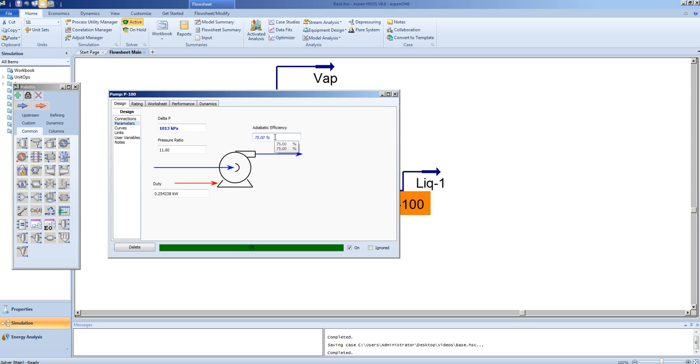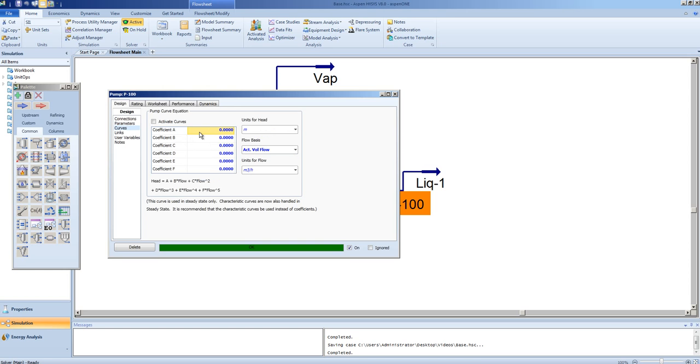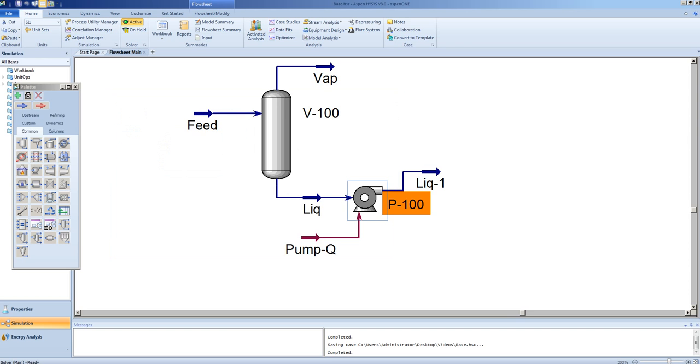You can change this efficiency depending on the pump that you actually have, and you can actually enter a pump curve where you would put in a polynomial fit of the flow, so that you can enter the polynomial coefficients and approximate what the pump curve is as given by the manufacturer.